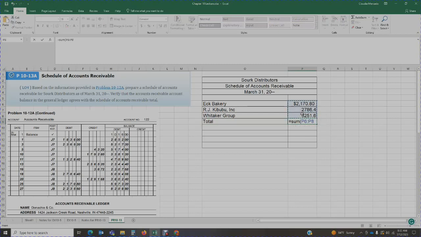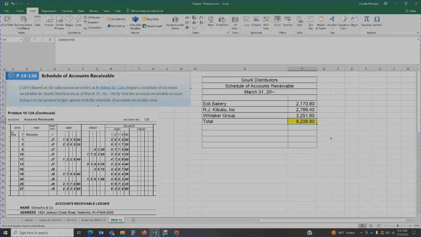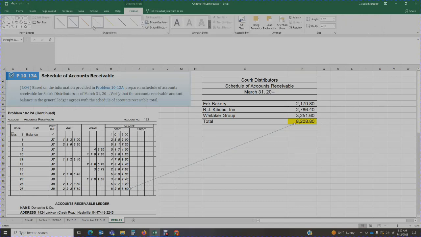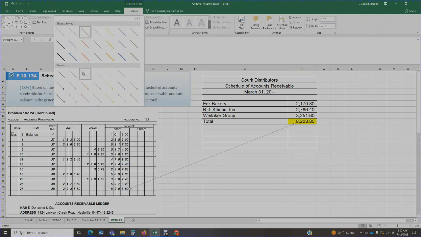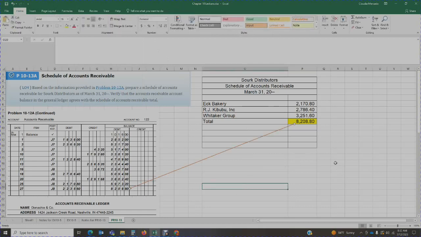We're going to add those three. That total needs to equal the ending balance on your accounts receivable general ledger, 8208.80, 8208.80. My accounts receivable general ledger has a record of all of the transactions posted to accounts receivable and the ending balance.